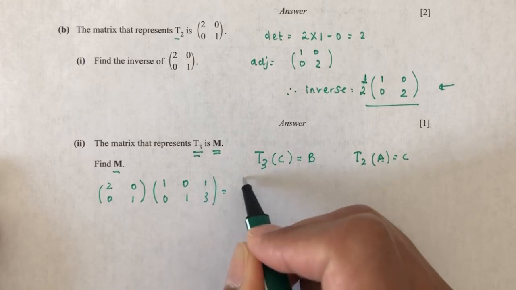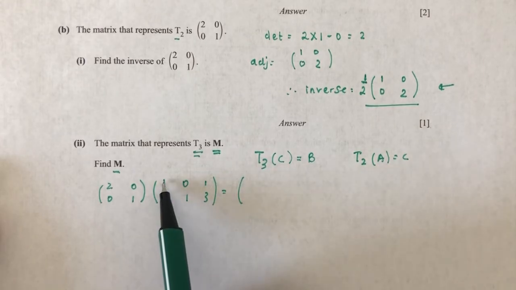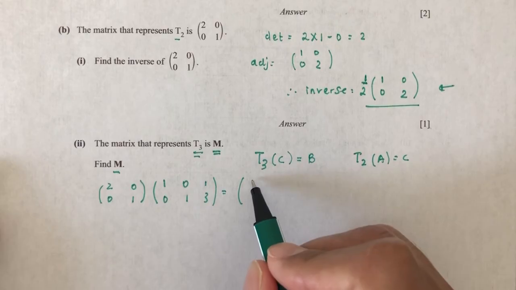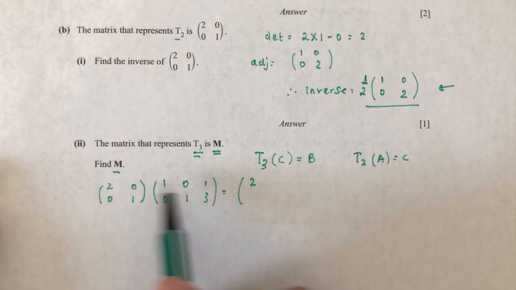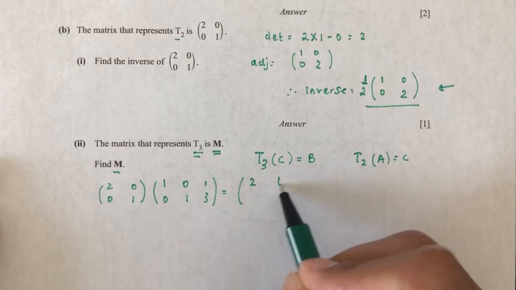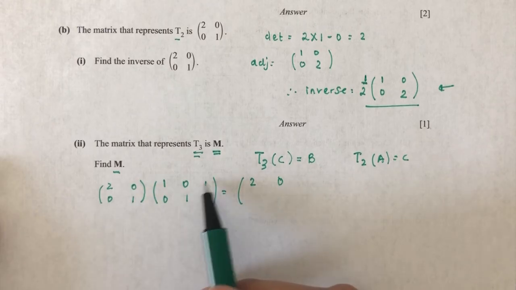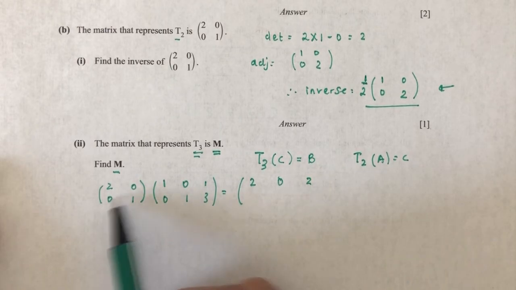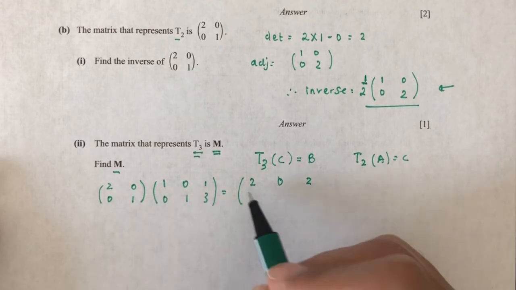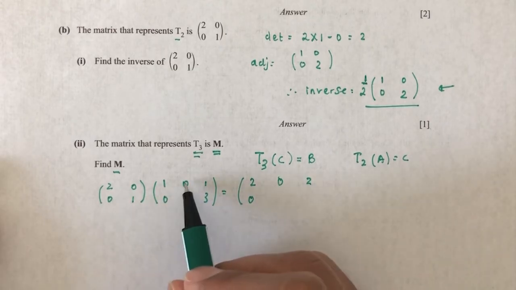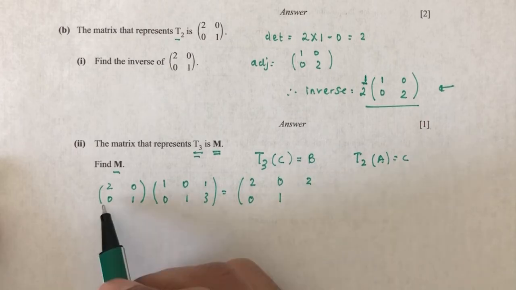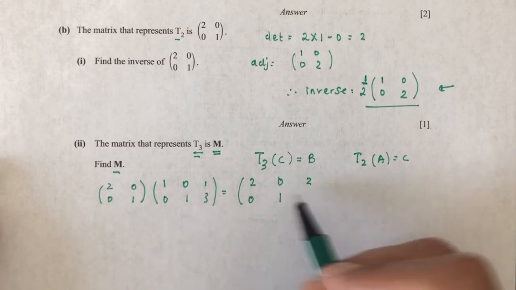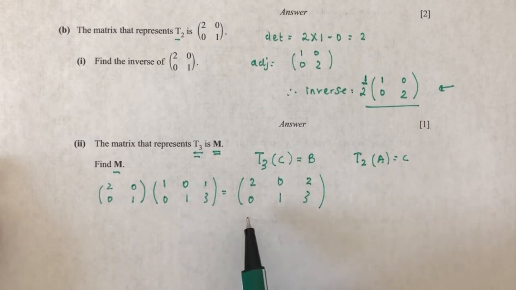Now we multiply. 2 times 1 is 2, plus 0 times 0 is 0, so 2. 2 times 0 is 0, plus 0, so that will be 0. 2 times 1 plus 0 will be 2. 0 times 1 is 0, plus 0 is 0. 0 times 0 is 0, plus 1. 0 times 0 is 0, plus 3. Now that will be the points of C.